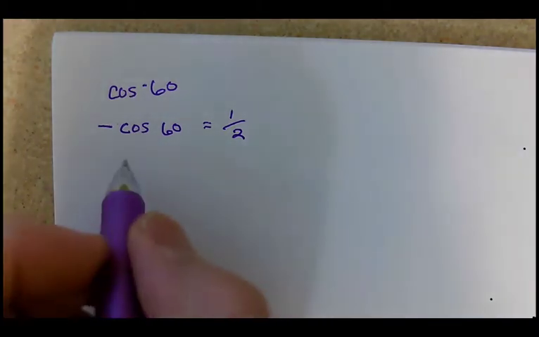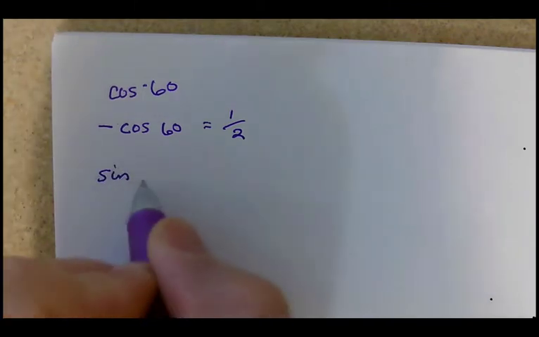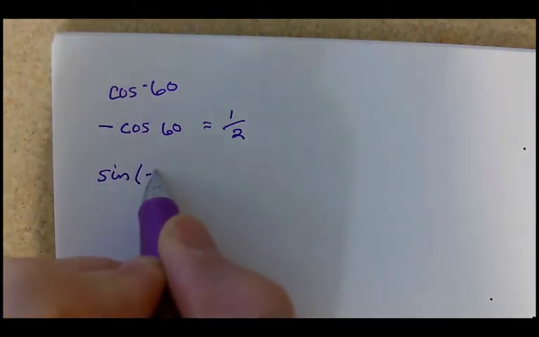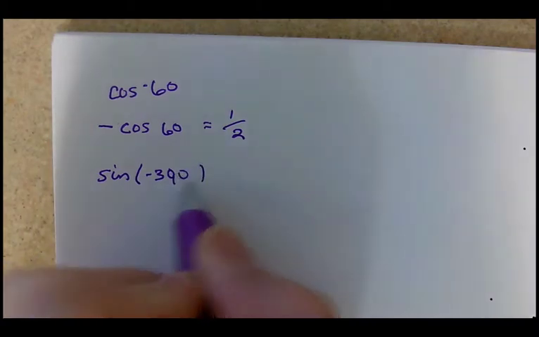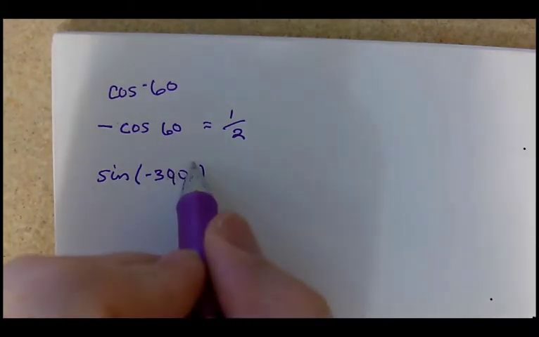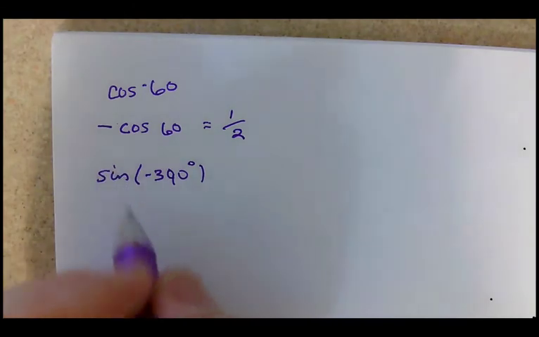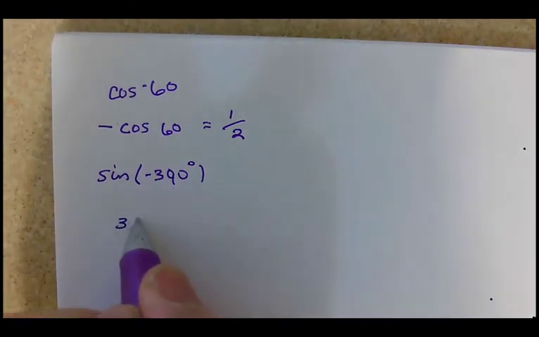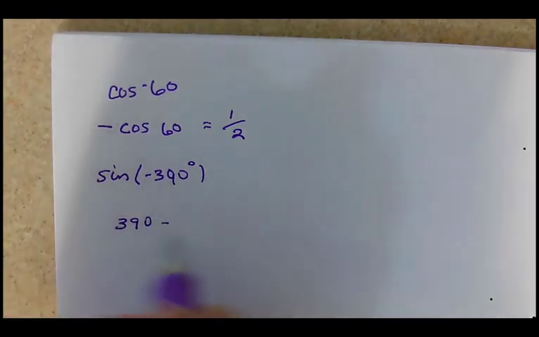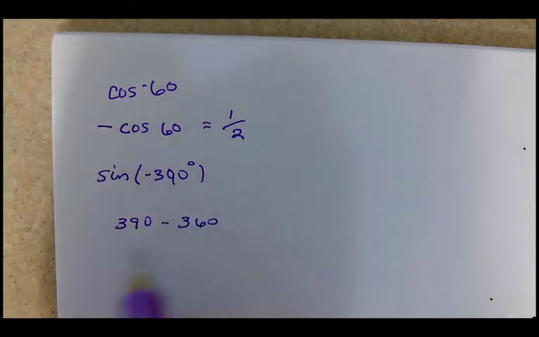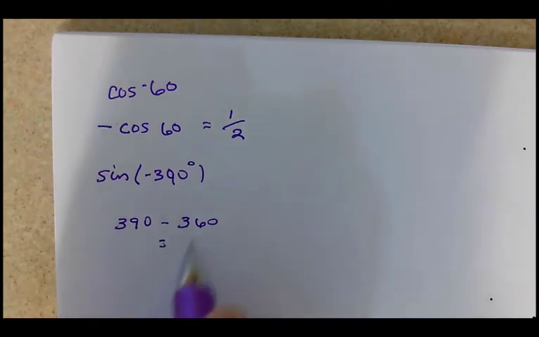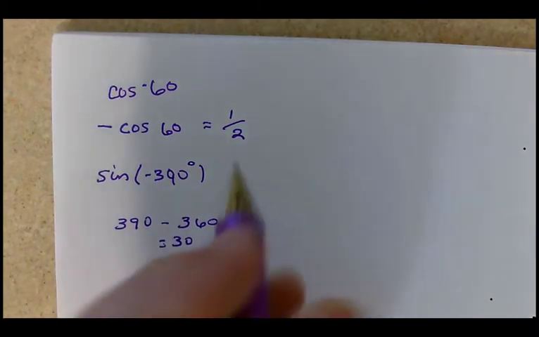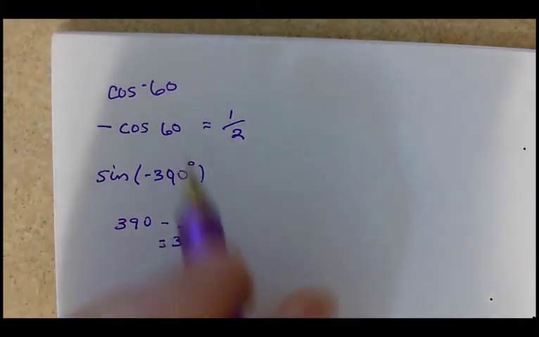The second one was sine of a negative 390 degrees. Well, the first thing I'm going to do is take my 390 degrees, and I'm going to subtract 360 degrees. I'm going to be left with 30 degrees.